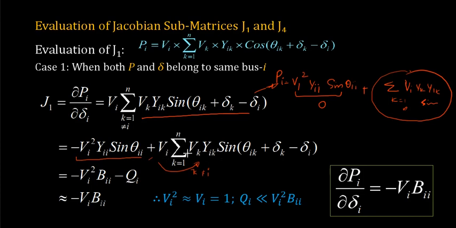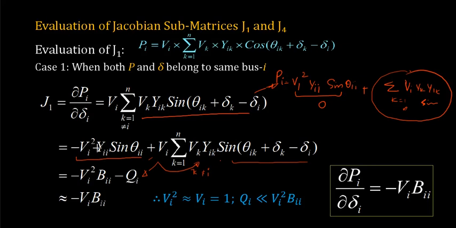So this is Vi Vk Yik sin theta ik plus delta k minus delta I. So here we will have all the terms from 1 to n, including k equal to I, because by adding this particular term into this summation, we have included that also. So this particular term is equal to Qi, and this is the expression for the reactive power.